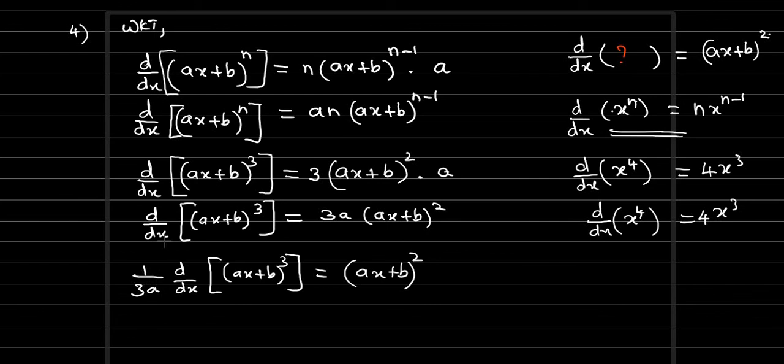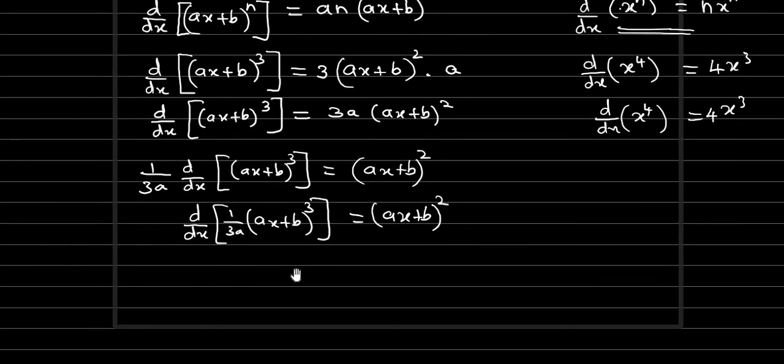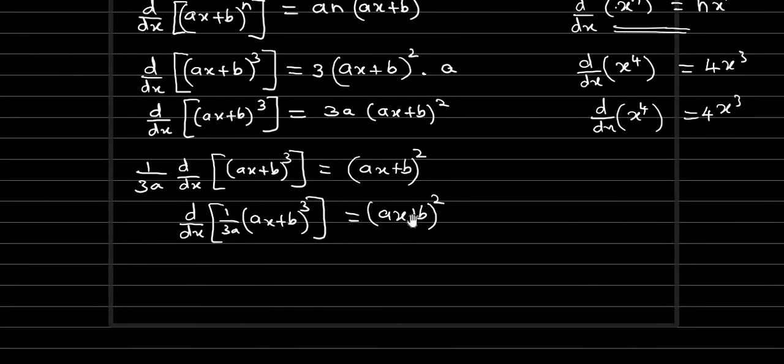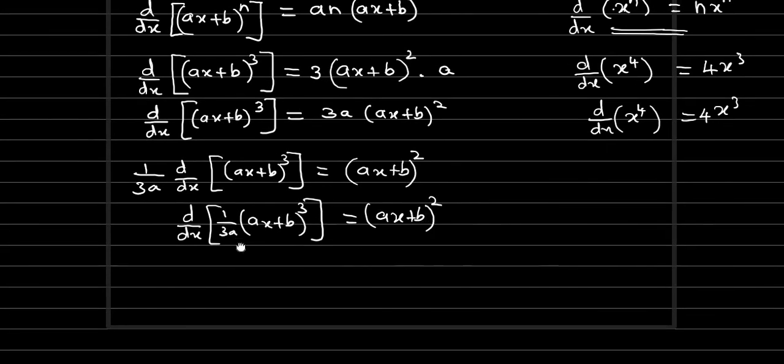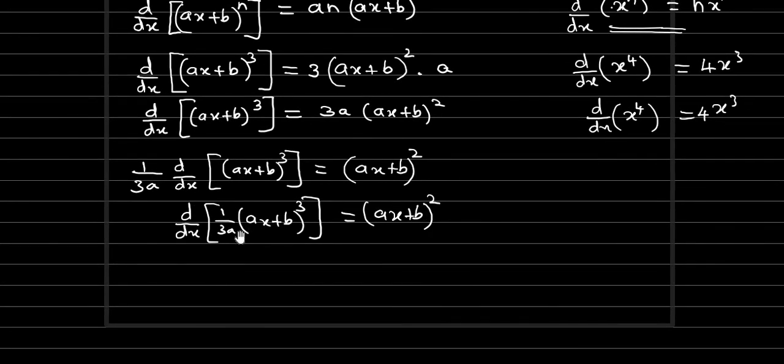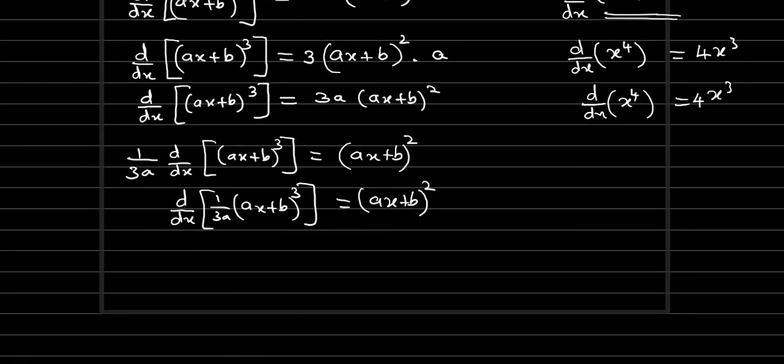So now this 1 by 3a will combine with the function: 1 by 3a times ax plus b whole cube equals ax plus b whole square. So from this last equation, what we can understand is that the derivative of 1 by 3a times ax plus b whole cube is ax plus b whole square. For ax plus b whole square, the antiderivative is 1 by 3a times ax plus b whole cube.